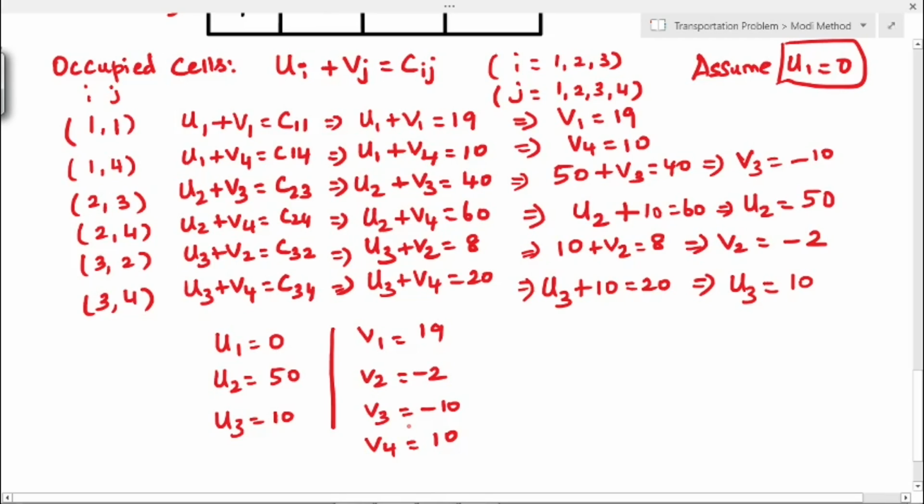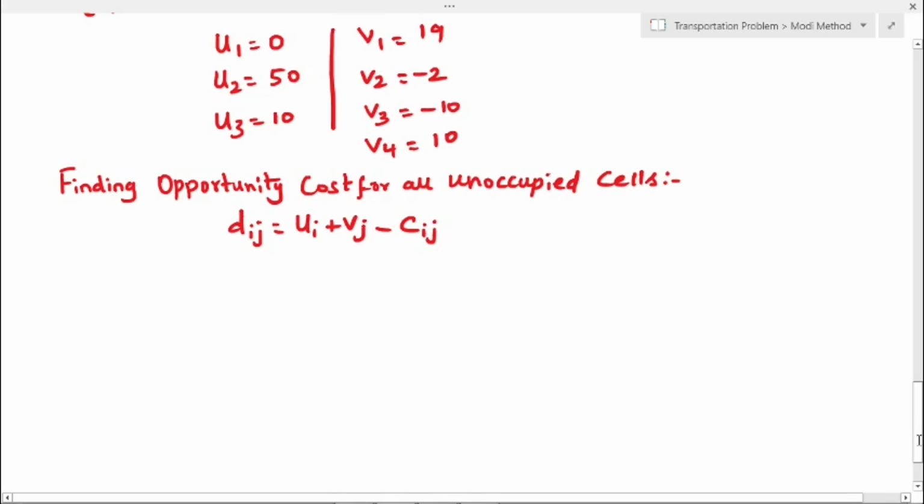Next we have to use another equation for unoccupied cells. We have to find the opportunity cost value for all the unoccupied cells. For that we use the equation Dij equal to Ui plus Vj minus Cij. Now you have to find the unoccupied cells.